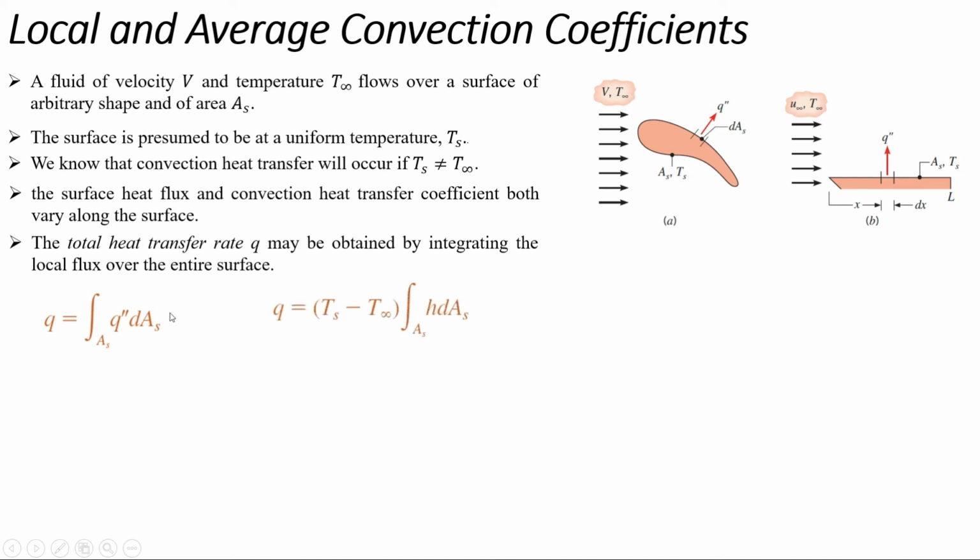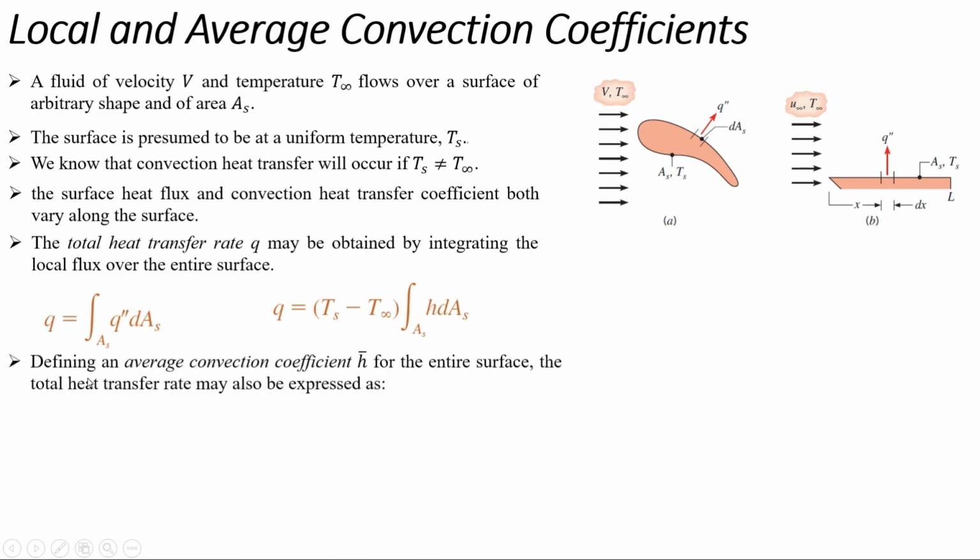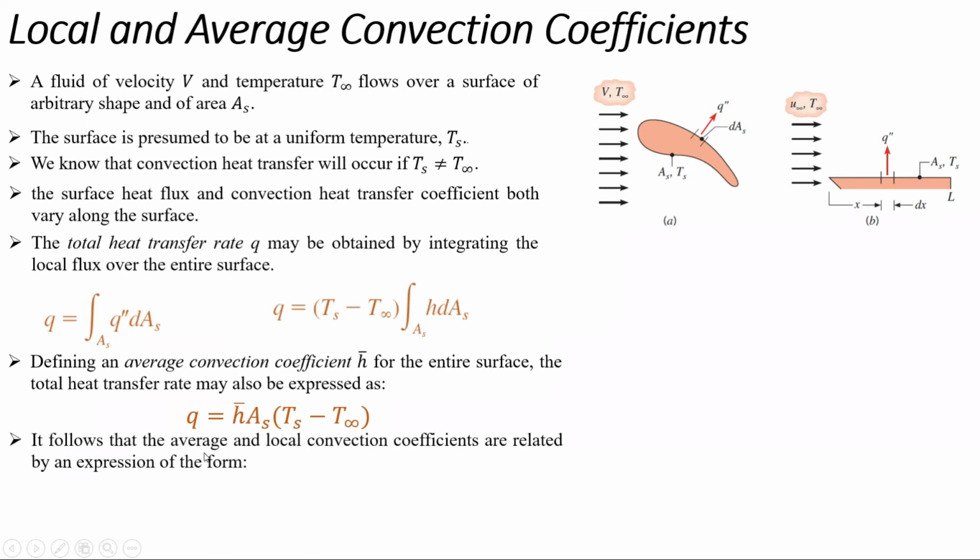So q is the integral of h times (Ts minus T infinity) dAs, and Ts minus T infinity is constant, so we have taken it out of the integral sign, leaving just h dAs. And if we define the average convection coefficient, q is equal to h bar As times (Ts minus T infinity), then the average convection coefficient will be 1 over As times the integral of h dAs.